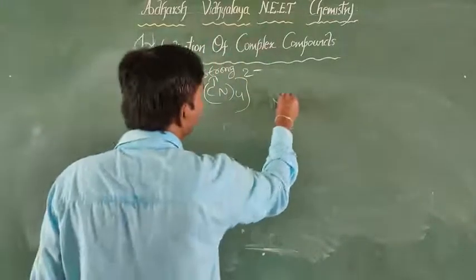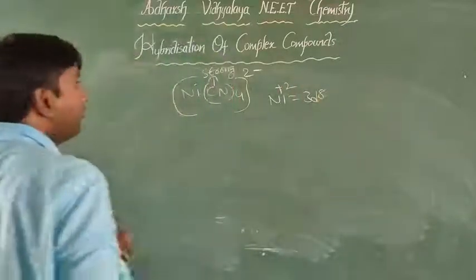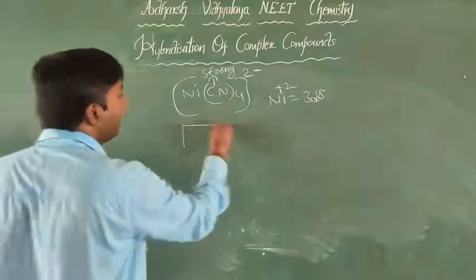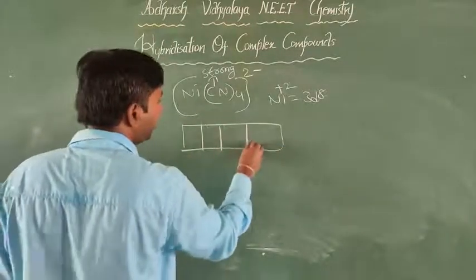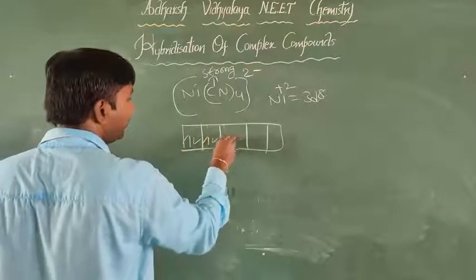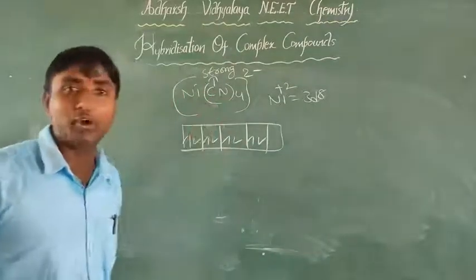Nickel oxidation state +2, 3d8. In the presence of a strong field ligand, electrons undergo pairing. 1, 2, 3, 4, 5, that's why 2, 4, 6, 8. Here nickel is bonded with 4 ligands.